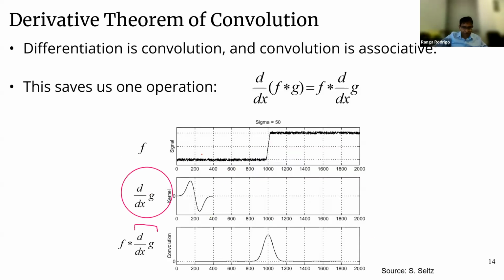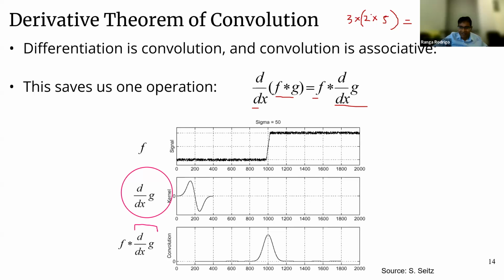But as you know, d by dx of f convolved with g is equal to f convolved with d by dx of g. Why? Because this is associative. That means if you have 3 times 2 times 5 or something, you can do this first and multiply by 3, or you can multiply by 5 after doing 3 times 2 first.